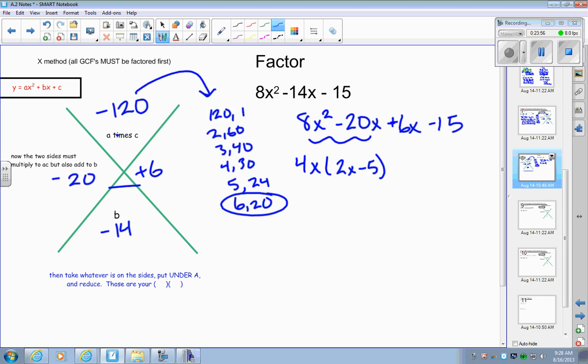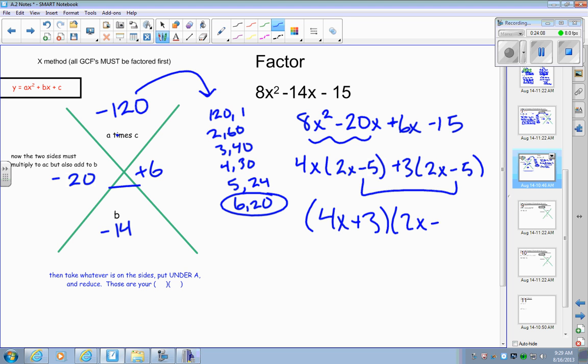We just wrote that wrong. Let's pull a positive 3. 2x minus 5. These match up. 4x plus 3. 2x minus 5. Check it in your calculator or check double distributing, and it should be good.